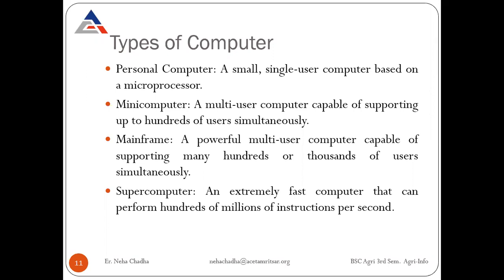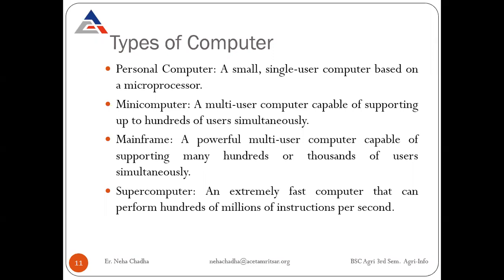What is the purpose of a processor? The main purpose of a processor is processing. As we know, we give input, then there is processing, and we get the output. A simple computer which has a processor is called a personal computer or microcomputer.